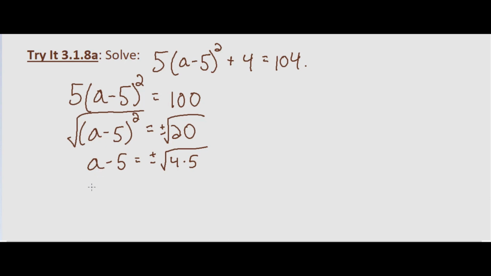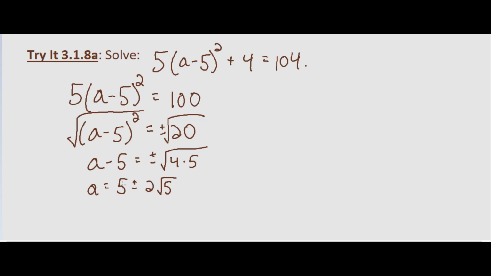So we'll add 5 to both sides. A equals 5 plus or minus, now remember we're bringing this 2 out, square root of 4 is 2, times the square root of 5. And again, we could factor out a 5, but it would make it a complicated mess if we did that.